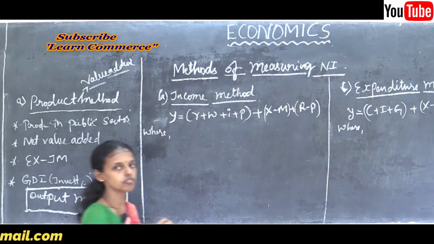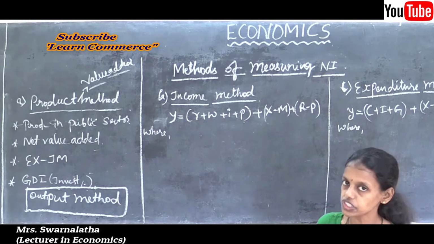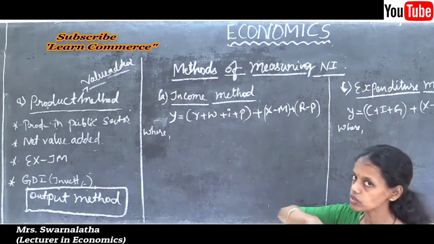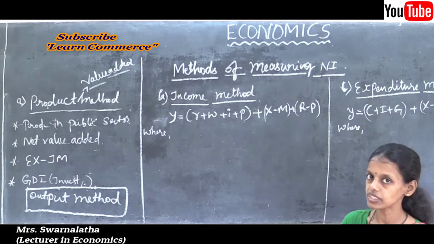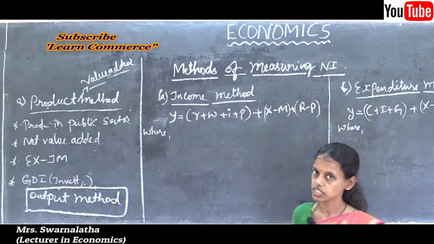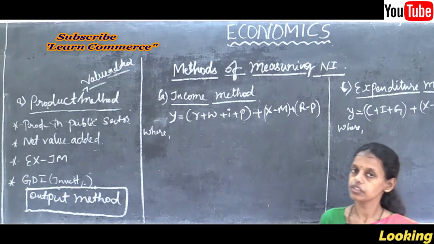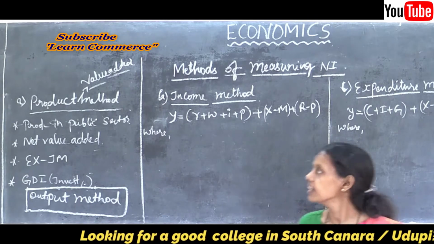It means all the final values of goods and services produced in the country in a year are considered, and all the values of final goods are added. So it is said to be the value added method to calculate national income. National income, as I already said, is the net value of all final goods and services produced in the country during an accounting year.